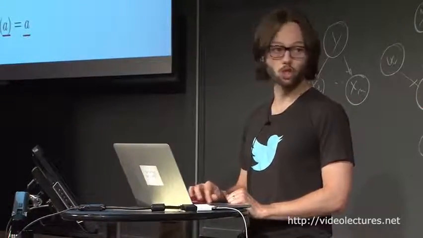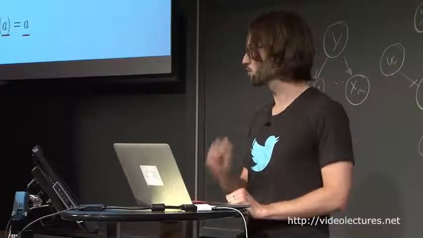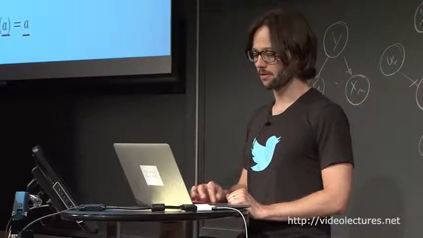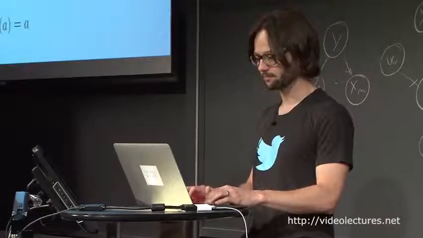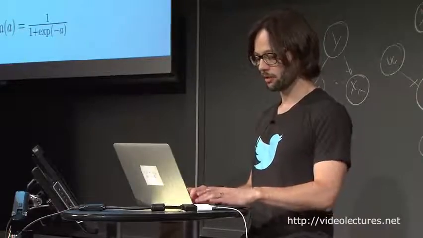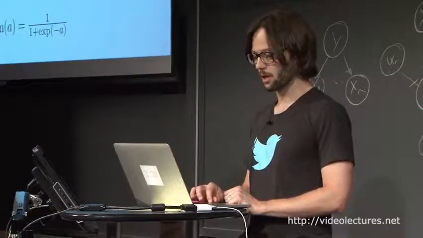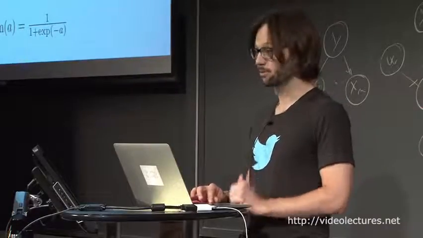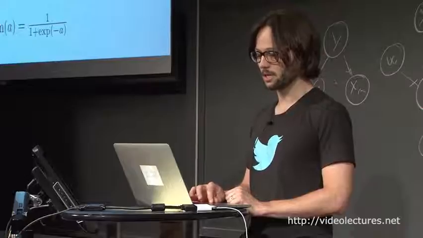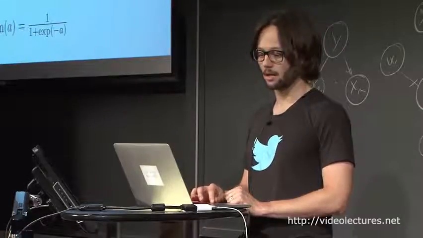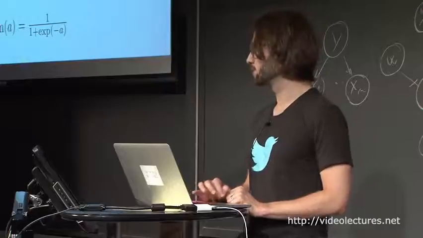Well, you can see that the slope of that activation function is just 1, so that's a very simple derivative. For the sigmoid function, I won't show the derivation here, but you can show that it is pretty simple to compute also. It will just be the output of the sigmoid multiplied by 1 minus the output of the sigmoid.